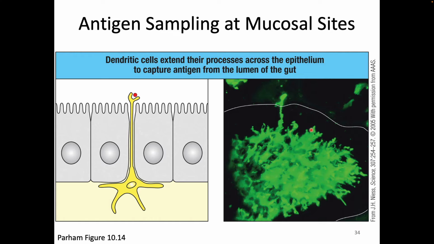And you can also see this in the microscopy image on the right. The black area is the GI lumen, the green is a dendritic cell, and you can see that dendritic cell reaching up and trying to go on the other side of the cell barrier in order to sample.